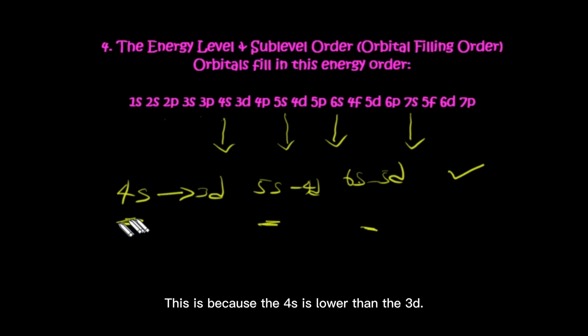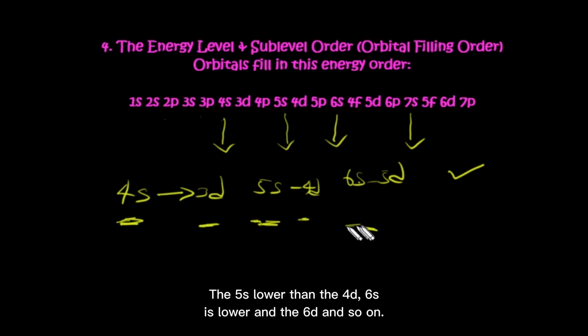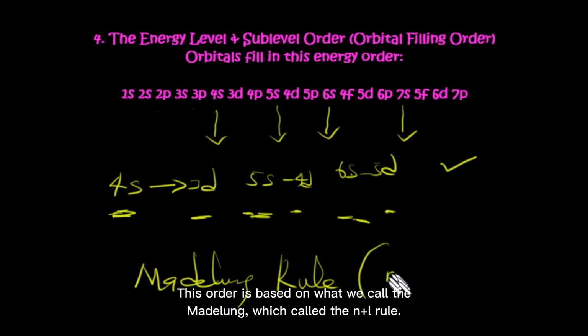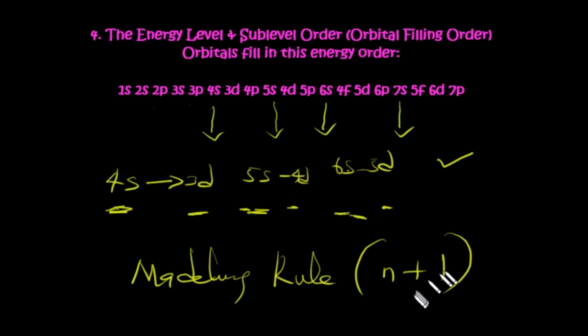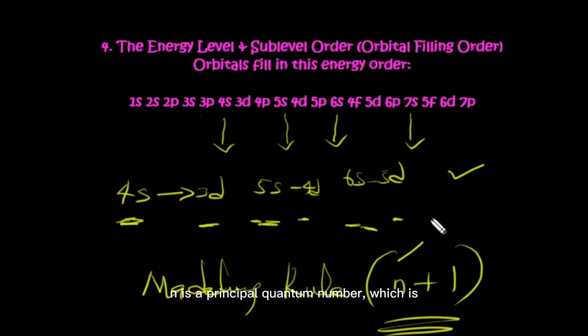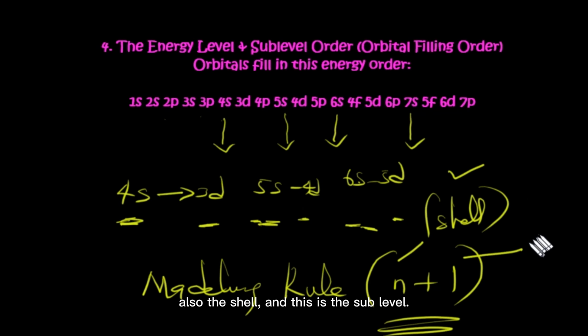This is because the 4s is lower in energy than the 3d, the 5s is lower in energy than the 4d, 6s is lower in energy than the 5d, and so on. This order is based on what we call the Madelung Rule, which is the n plus l rule, where n is the principal quantum number, which is also the shell, and l is the sublevel.